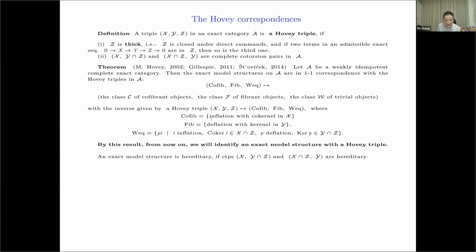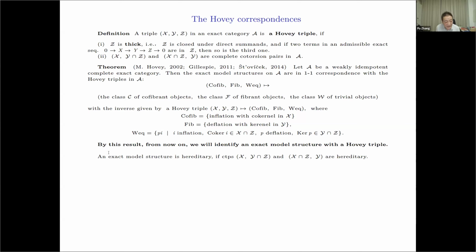The cofibrations are all the inflations with cokernel in X, and the fibrations are all the deflations with kernel in Y, and the weak equivalences are the compositions of an inflation i such that its cokernel is in X intersect Z, and a deflation p whose kernel is in the intersection of Y and Z. This is the composition of i and p.